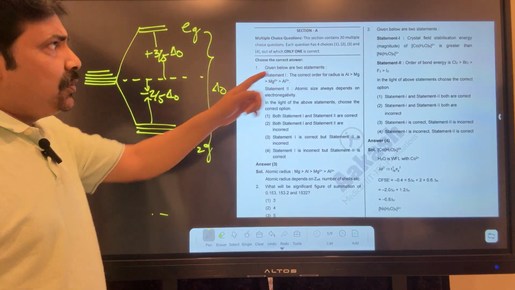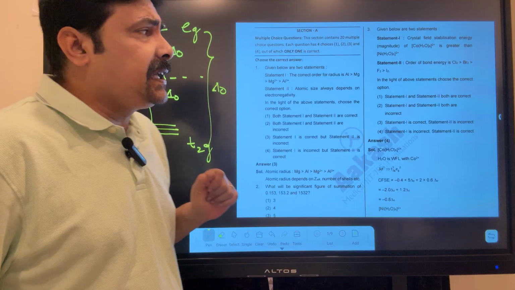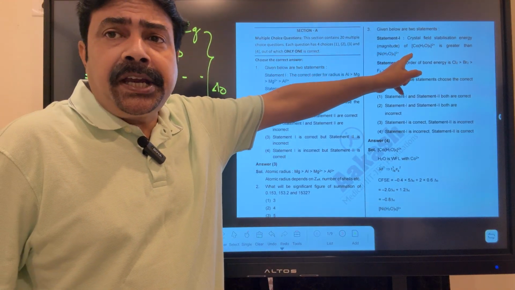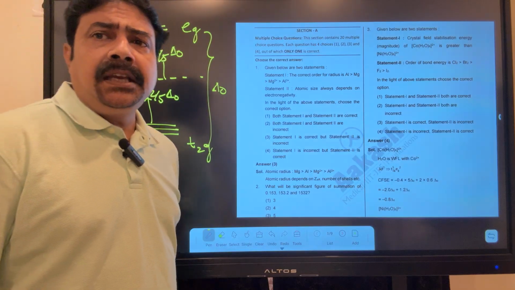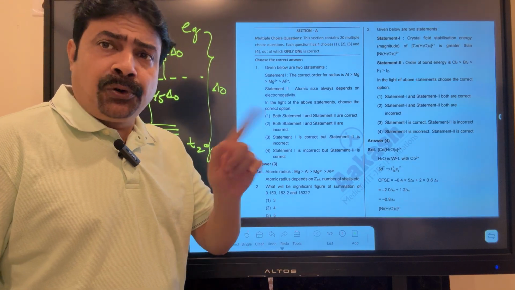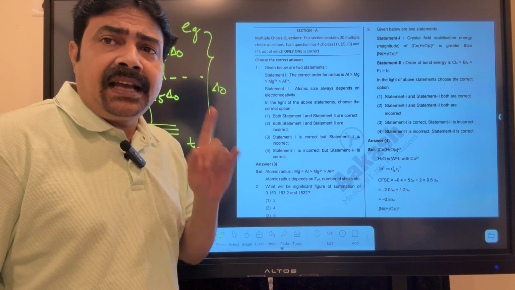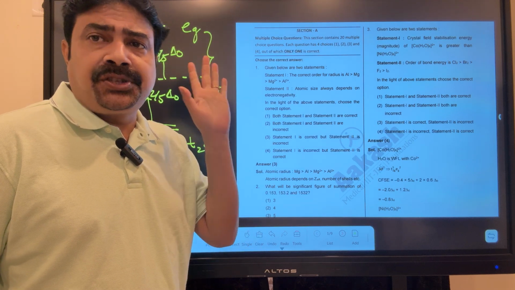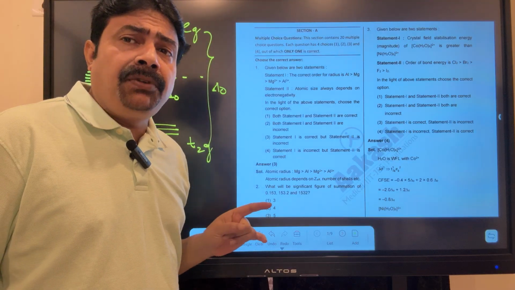Now you know very well, here they are giving the [Co(H2O)6]2+ complex. Cobalt is in the +2 state, and H2O is a neutral ligand. Cobalt has valence electrons 3d7 4s2 in the neutral state. Now cobalt is in the +2 state, so there is a d7 and 4s0 configuration. Seven electrons are present, and the ligand is a weak field.